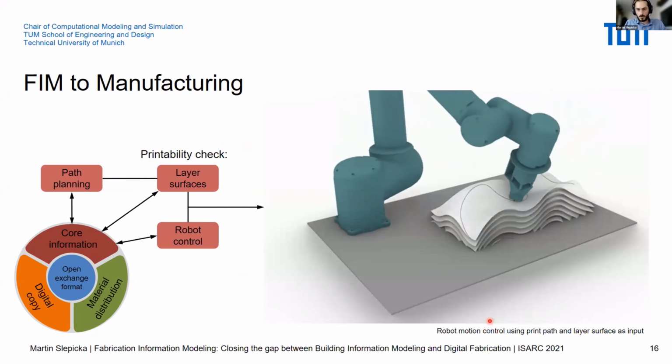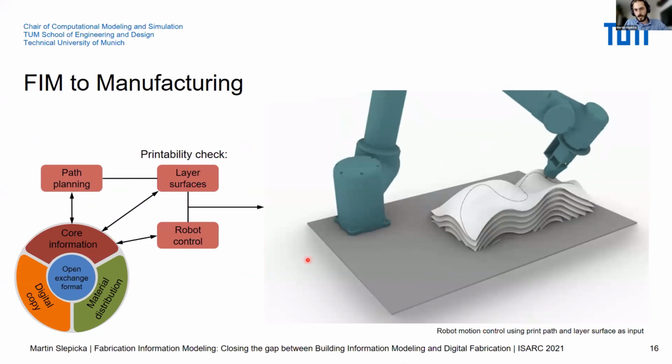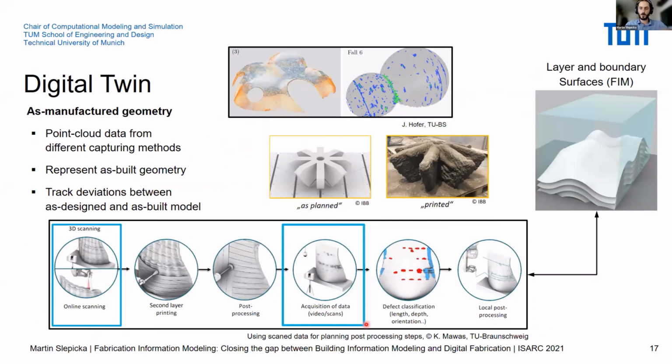Well, that's it. In the end, we want to have a system that comes in between BIM and 3D printing. As a final note, this project is funded by the DFG and is part of a larger project called the TRR277, Additive Manufacturing and Construction. Thank you for your attention.